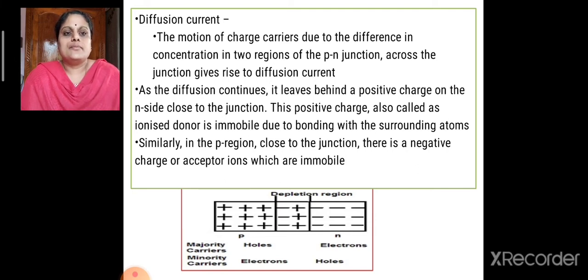You can see the region which is formed in between the PN junction, which is depleted of free charge carriers, and this region is called the depletion region.